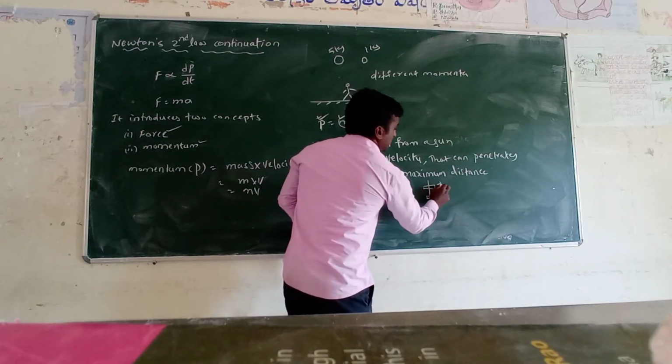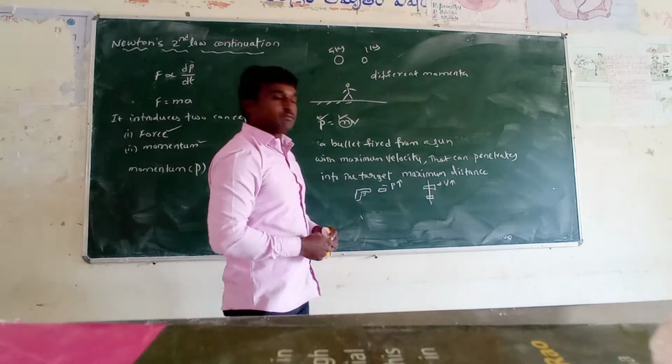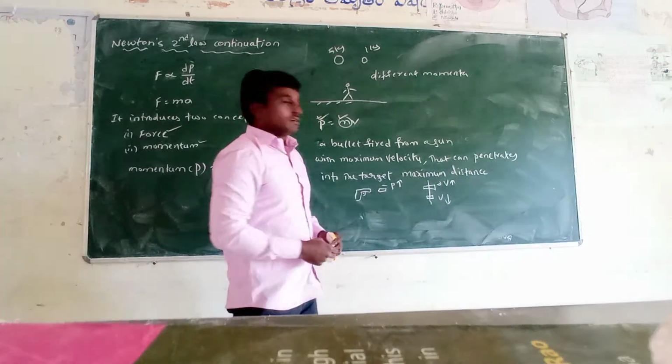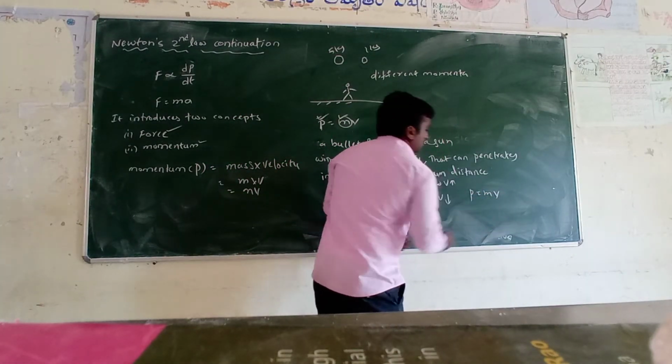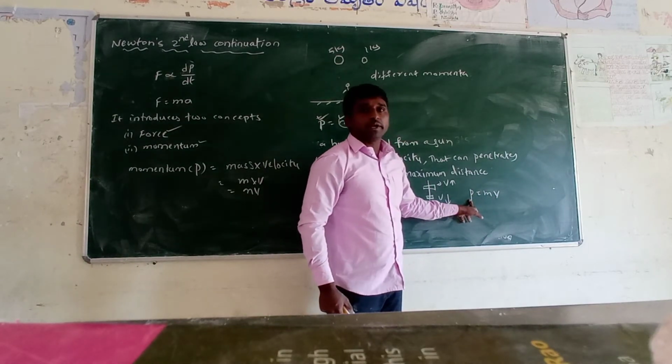In this case the velocity is minimum. What is the momentum here? P is equal to mv. So velocity is directly proportional to momentum.